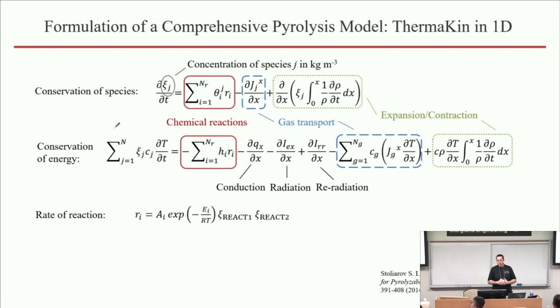In Thermokin, the reactions can be of first or second order, which means that you have either one reacting species or two. And if there are two, you can have different species reacting with each other, or you can have the same species reacting with each other. And depending on how those reactions are set, you have either first or second dependence on the concentration.